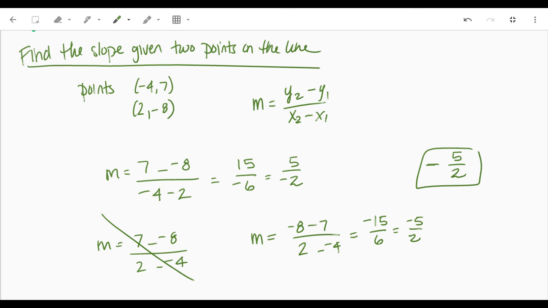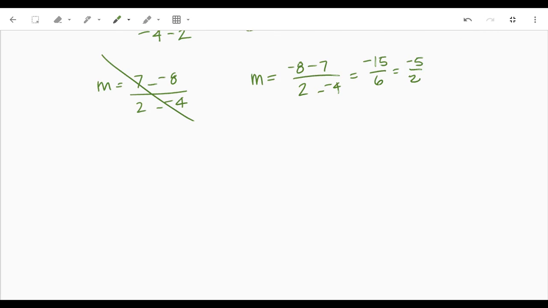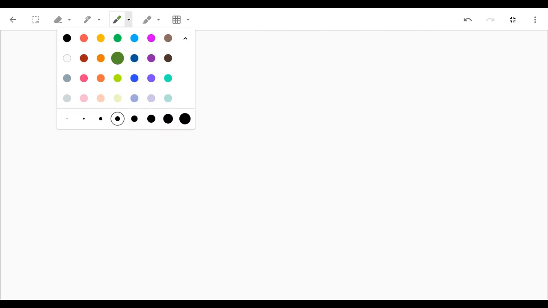All right, next one, graphing a line by first finding its slope and y-intercept. So this is going to be kind of like the ones that are in standard form. Here, I'm going to write before I talk.